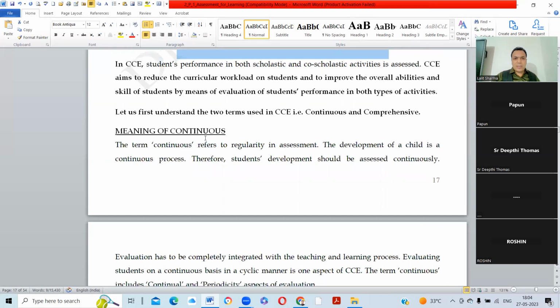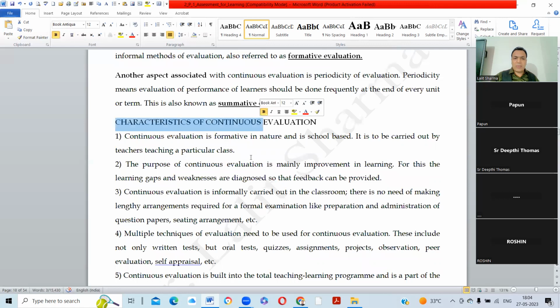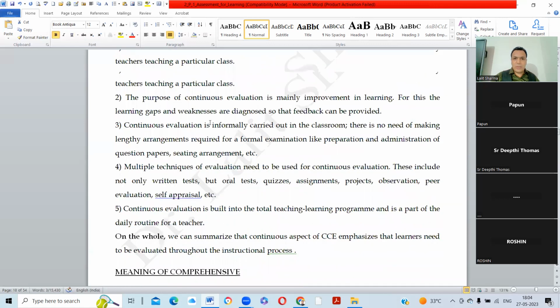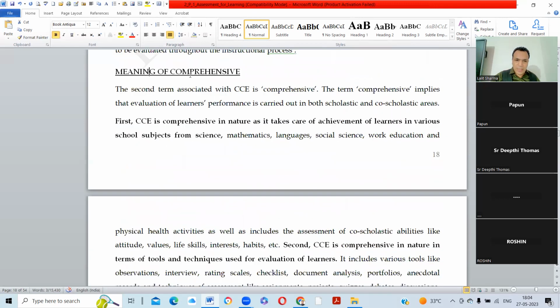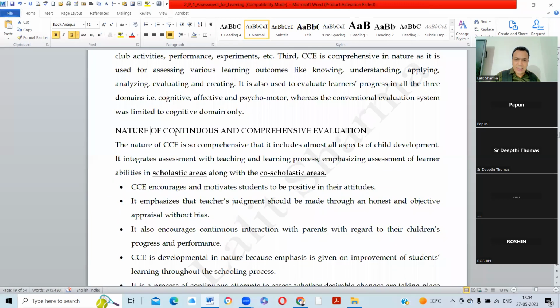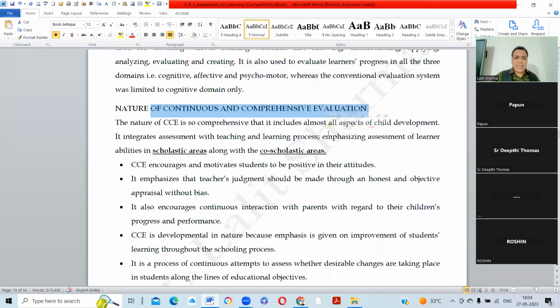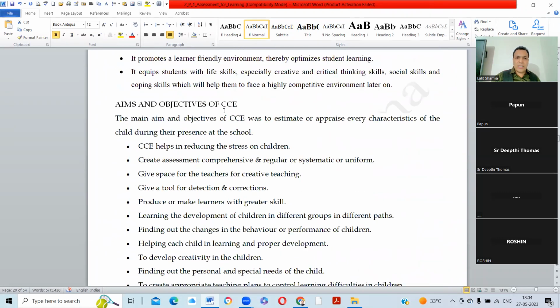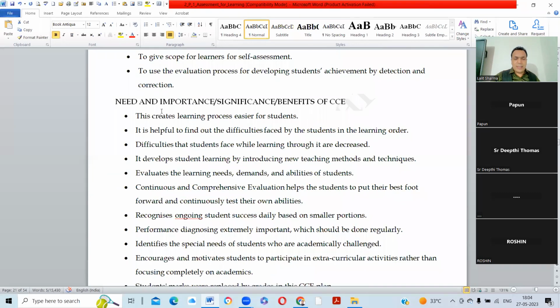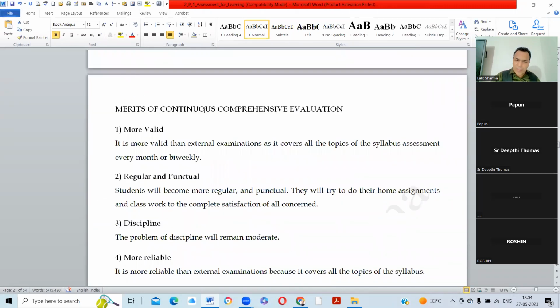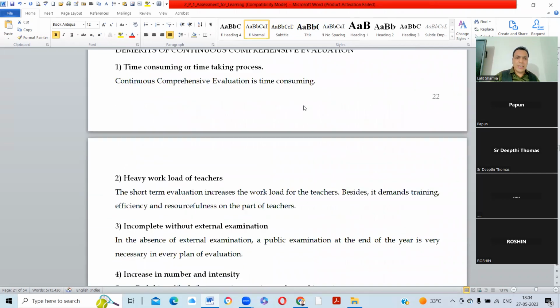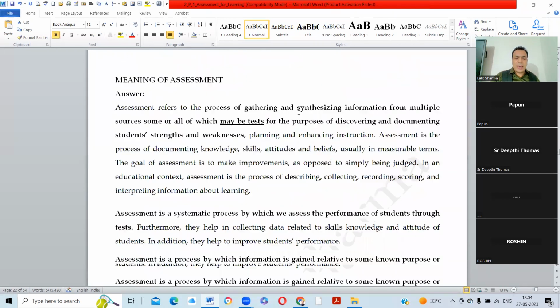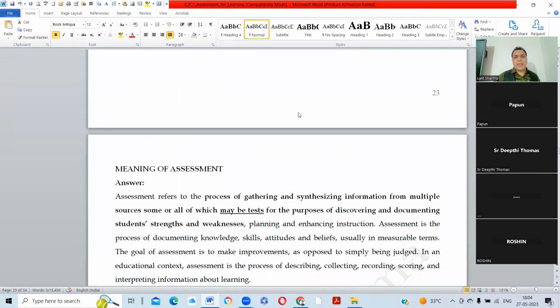Then the meaning of continuous, you have to divide it into two: what is the meaning of continuous, characteristics of continuous evaluation, then meaning of comprehensive, then nature of continuous and comprehensive evaluation, then purpose, and then aims and objectives of CCE, need and importance or significance, benefits of CCE, merits of continuous and comprehensive evaluation, and then demerits of continuous and comprehensive evaluation.